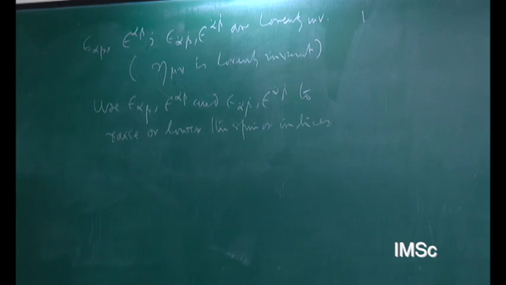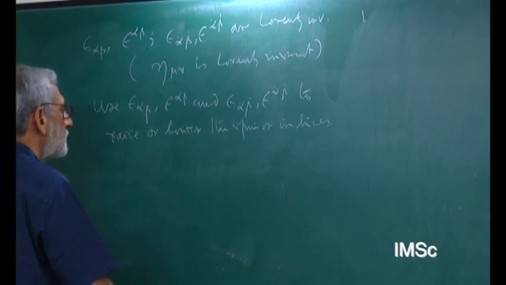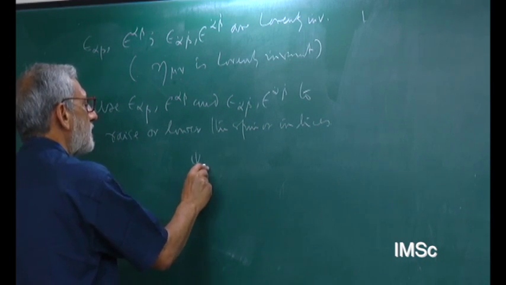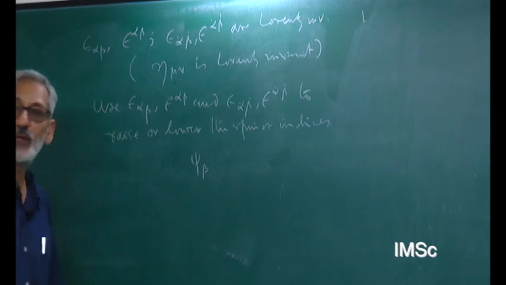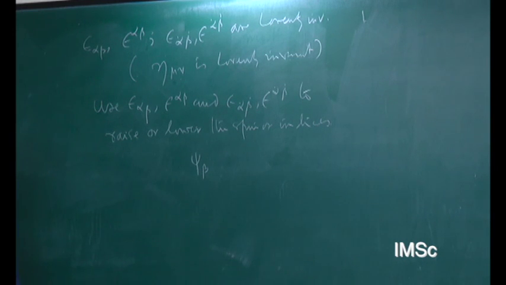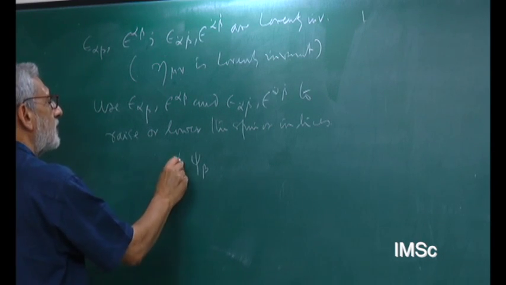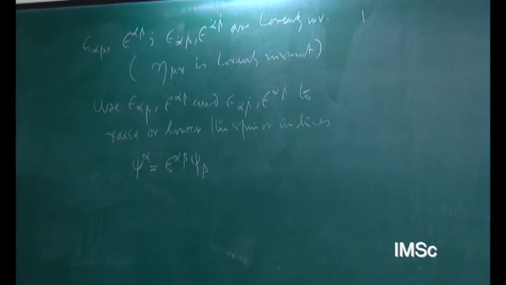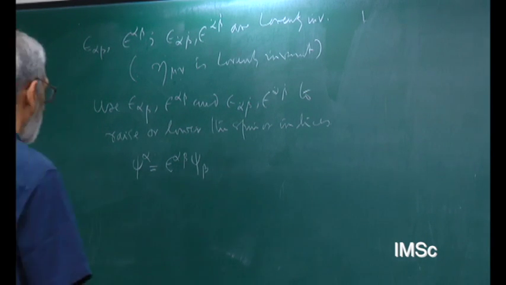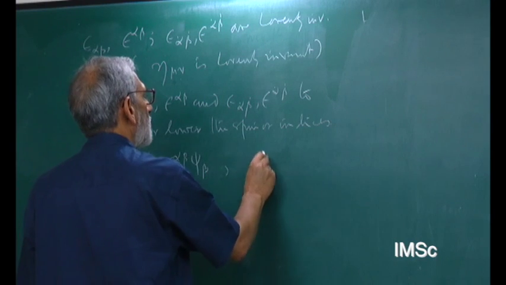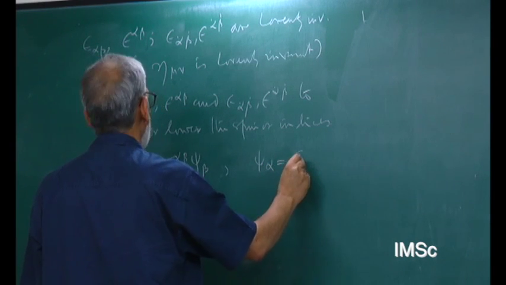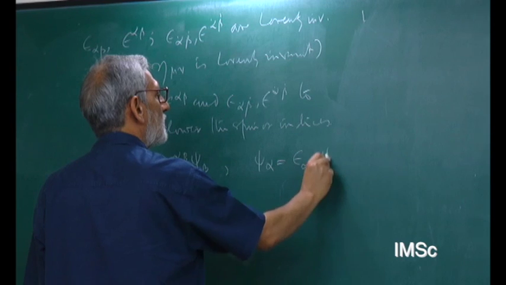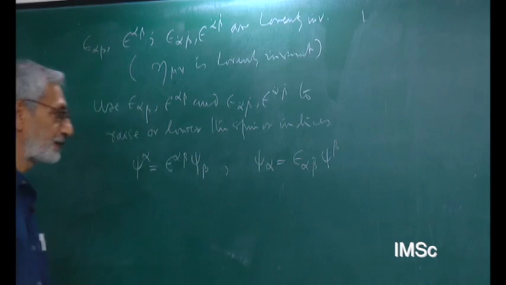In particular, we had defined psi with lower index beta, the upper two components of the Dirac fermion. If I multiply it by epsilon, I get psi up alpha, or conversely, psi alpha down would be epsilon alpha beta psi beta.